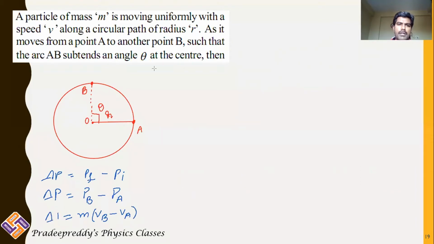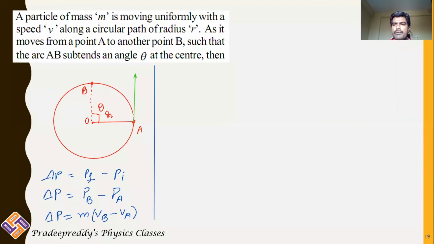Now, in order to find the change in momentum, you need to find the velocity vector at position A as well as position B. At point A, the particle has velocity in this direction.